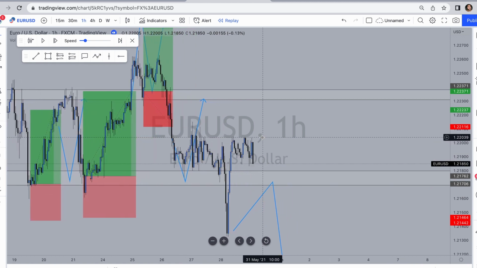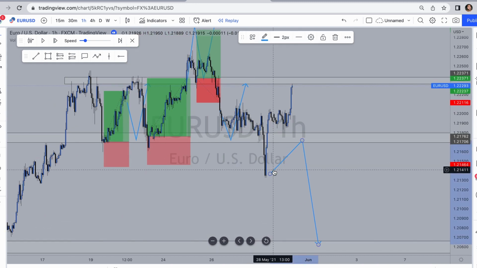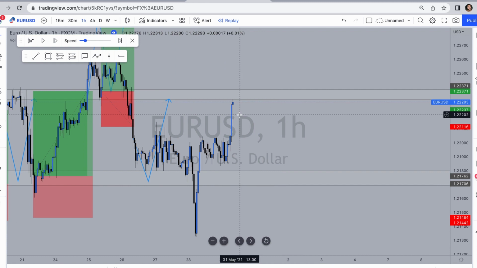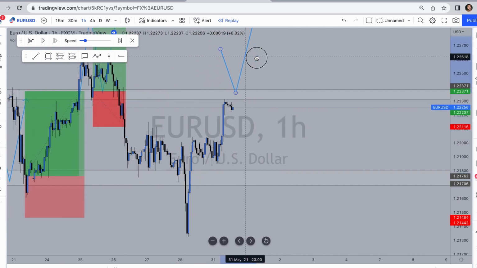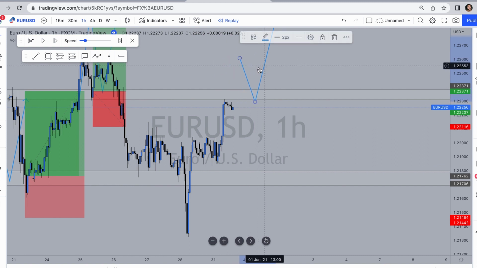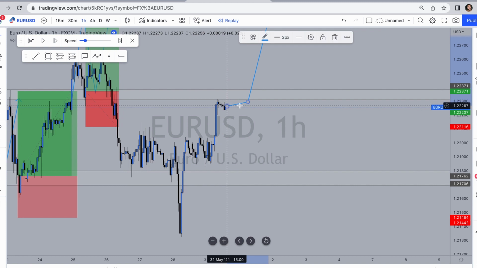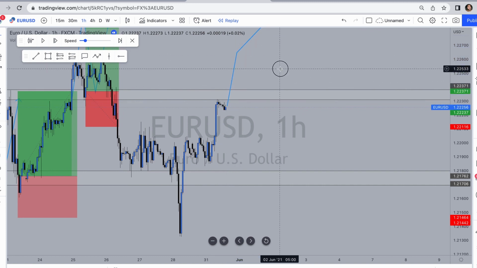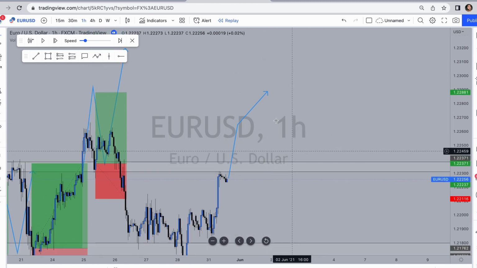Let's see here. It came back up, hella up. So this play is no longer valid. Let's keep going. So what are we looking for now? The same thing. We're looking for the break and retest.